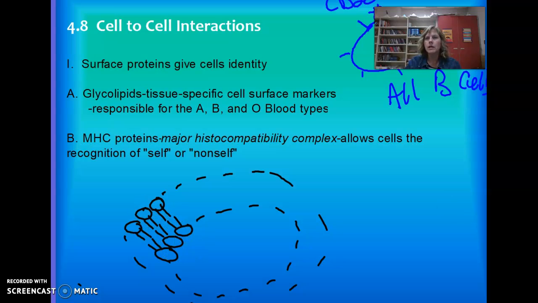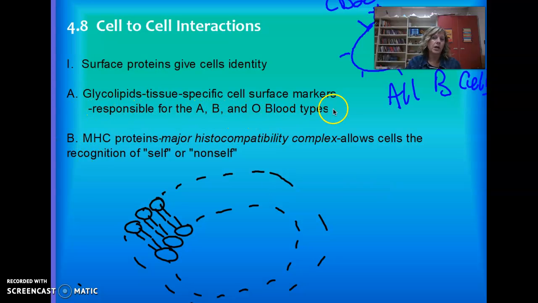The surface proteins of the cell actually give the cell its identity. So on your immune cells, this is a B cell, and there's specific markers like a CD20 marker, a CD19 marker, and they have different shapes and so on. So there's surface proteins that actually identify the types of cells.